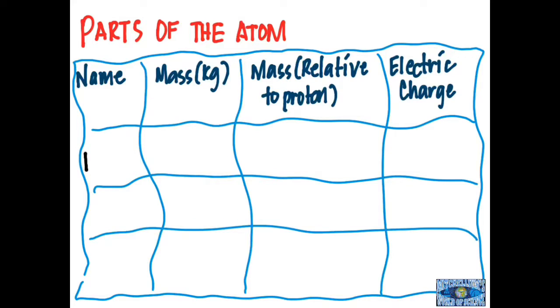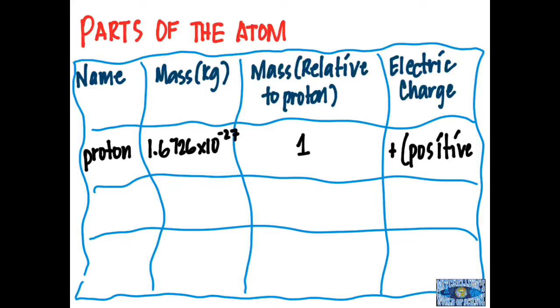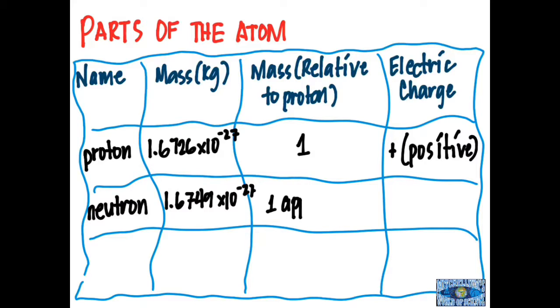First is the proton, which has a mass of 1.6726 times 10 to the negative 27 kilograms and is positively charged. Next is the neutron, which has a mass of 1.6749 times 10 to the negative 27 kilograms, and it is approximately 1 relative to the mass of the proton, and it doesn't have a charge, so it's 0.